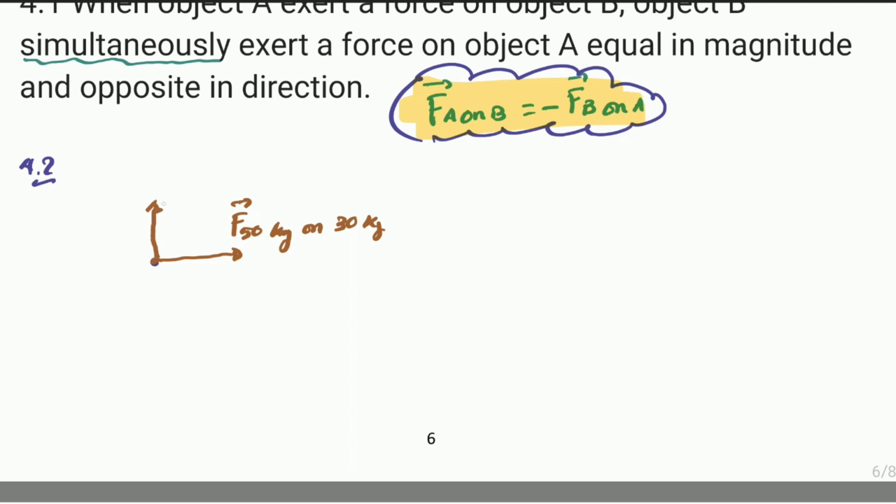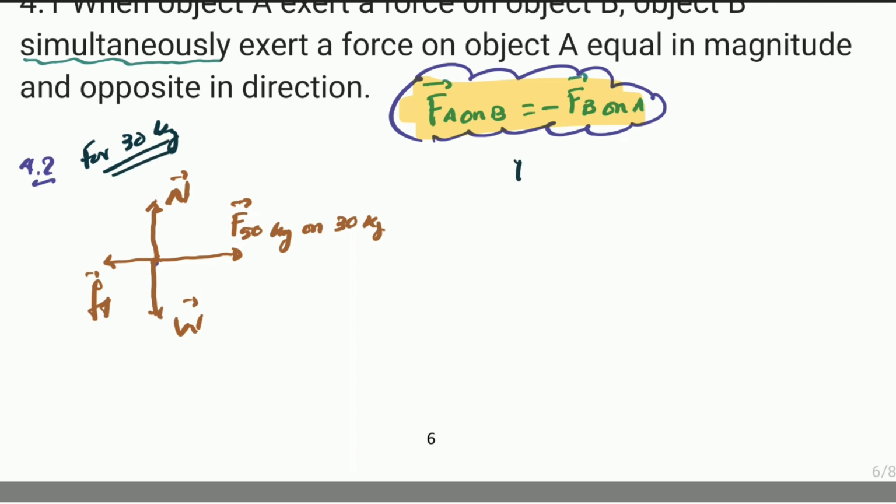We have the normal force straight perpendicular to the surface. We have the weight, gravitational force, if you may, and then we have frictional force. There we go. This is for 30 kilograms.